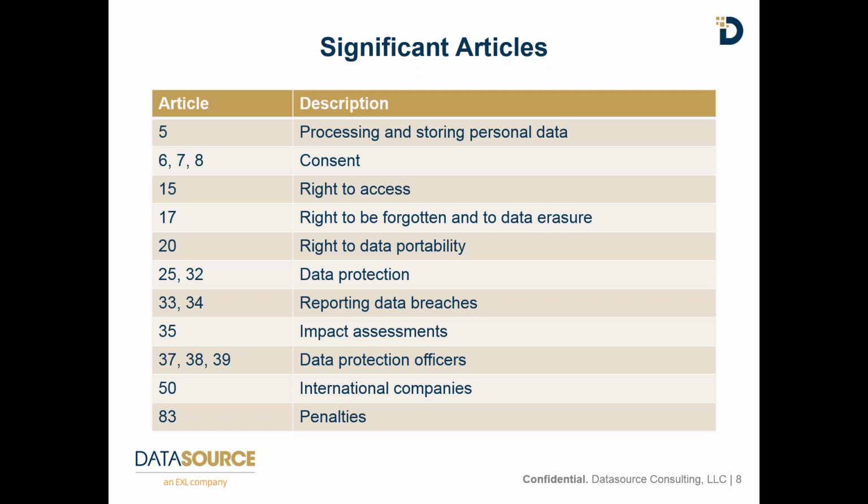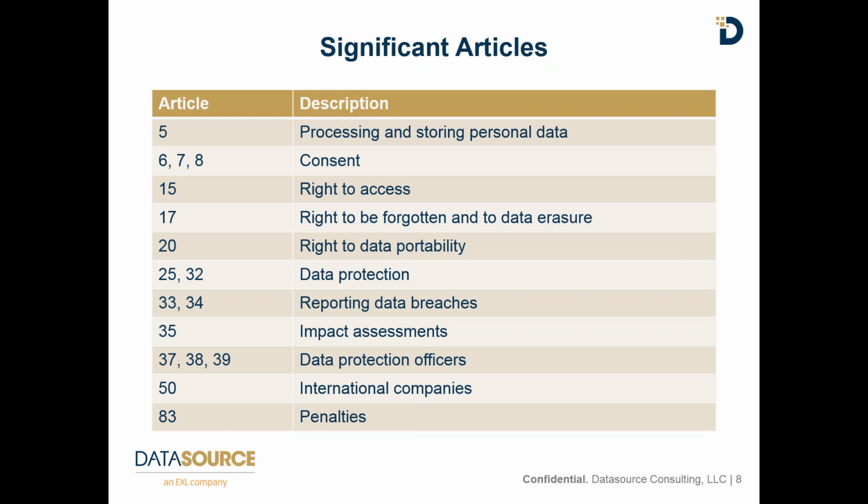Article 20 is the right to data portability, which means that EU citizens may transfer their personal data from company to company upon request. Articles 25 and 32, companies must be able to provide a reasonable level of data protection and privacy to EU citizens. However, the regulation has not made it clear exactly what that will mean from a standpoint of reasonability.